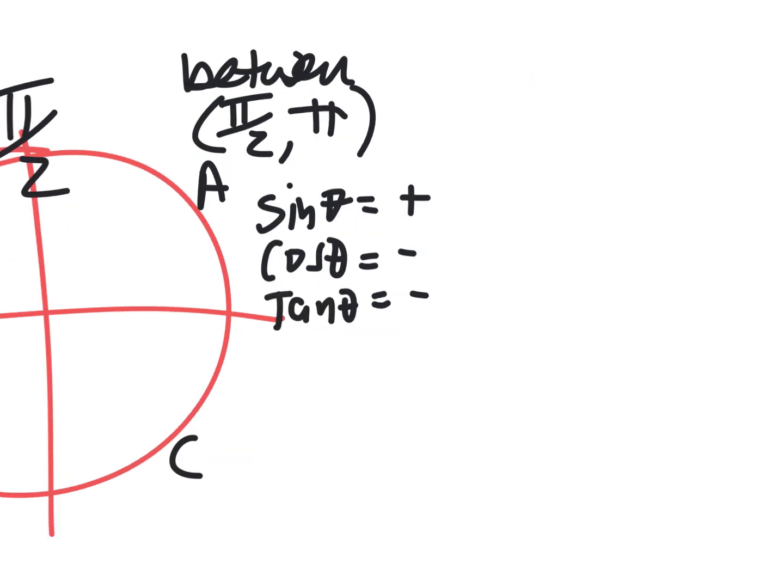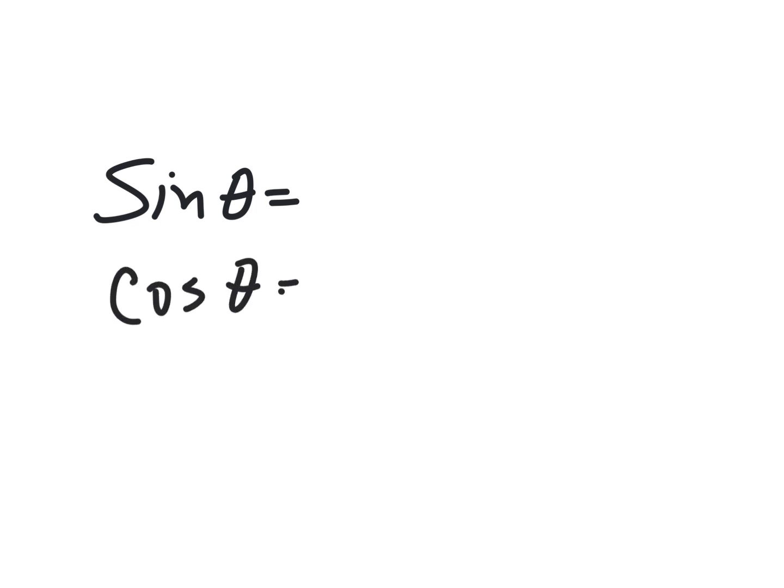One more reminder of little things that you have to memorize. In terms of x's, y's and r's, what are sine, cosine, and tangent? This is just one of those things you have to memorize. By challenging you with that, it should make you remember it better on the day of the test.